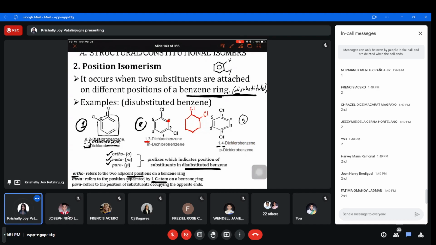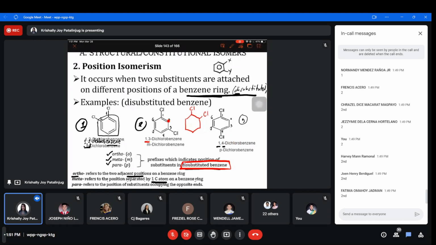Another thing, pwede bang gamitin yung ortho meta para kapag magkaiba yung substituents? Pwede. Di ba yung condition lang is as long as di-substituted yung benzene ring, as long as dalawa lang yung substituents in that benzene ring. Kahit magkaiba yan, you can use ortho meta para.